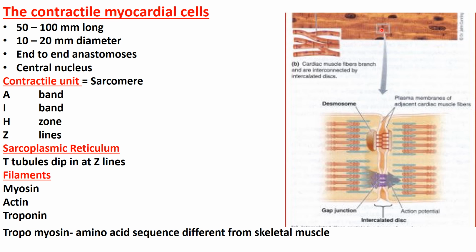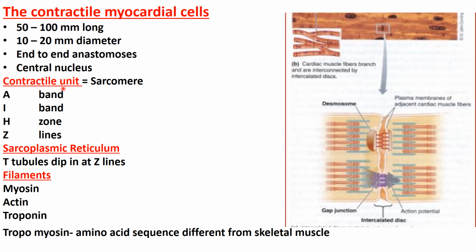Now, this cell junction here is visible in this lower slide. The nucleus in the cell is central. Do you remember the nucleus in the skeletal muscle fiber? It was on the side of the cell along the cell membrane.